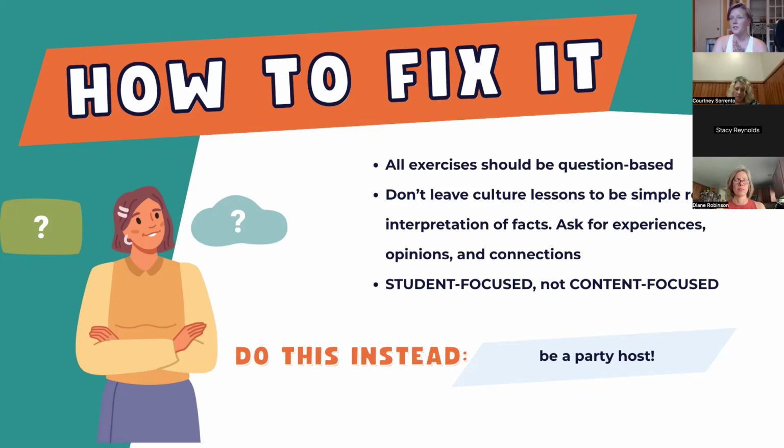So, I would say a way that you can fix this is, and we'll talk more about ways to fix this because it's complex, that all exercises that you do with students should be inquiry based and question based. That means that if you're doing a unit on personal preferences and opinions, then the entire time that you're using personal preferences and opinions, make it a question and an excuse to talk about the things that your kids like to do and the things that the people in their environment like to do and what you like to do.